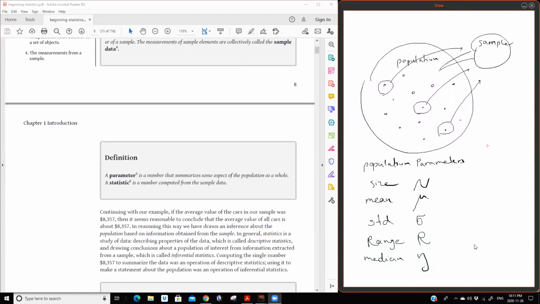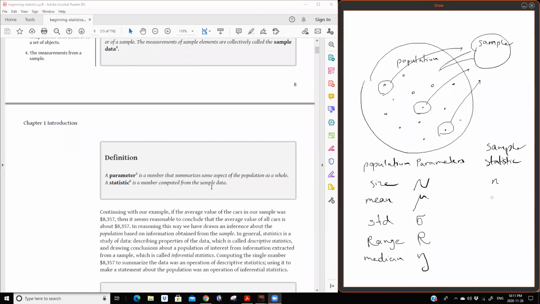So what is a sample statistic? A sample statistic is a number that you compute from the sample data. So a population parameter is a number that summarizes some aspect of the population. What is a statistic? A statistic is a number that is computed from the sample data. Like, for example, your sample size, which usually is denoted by lowercase n.